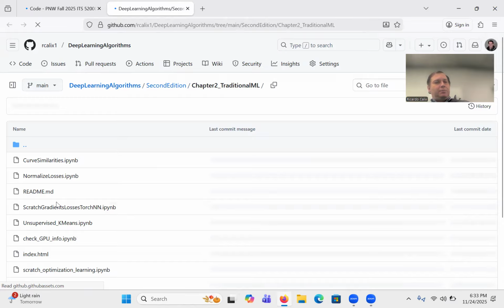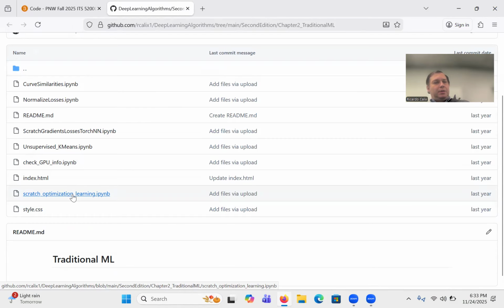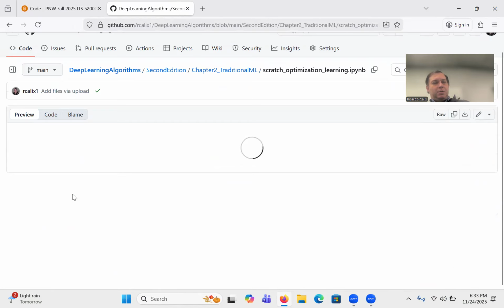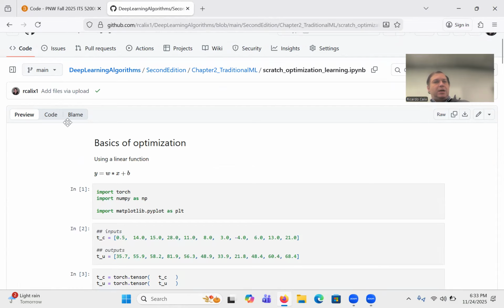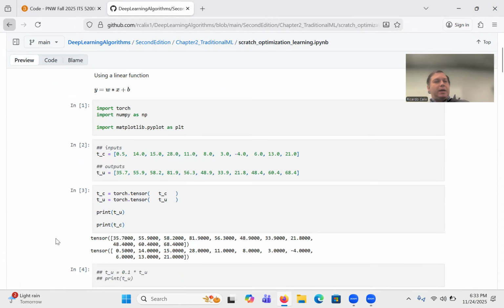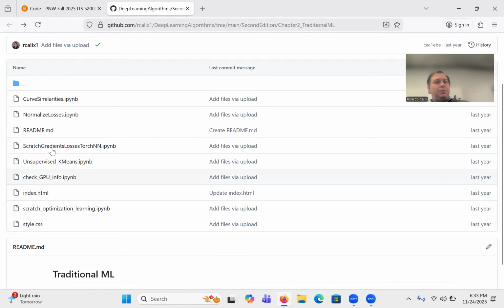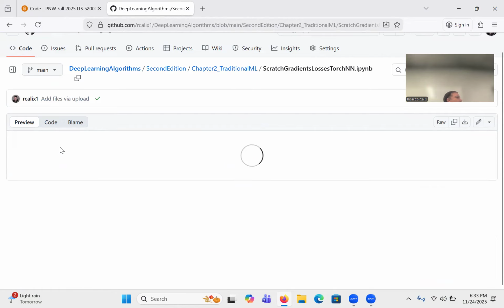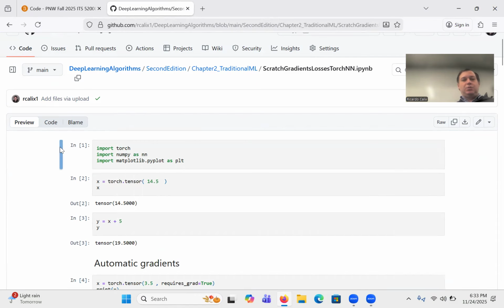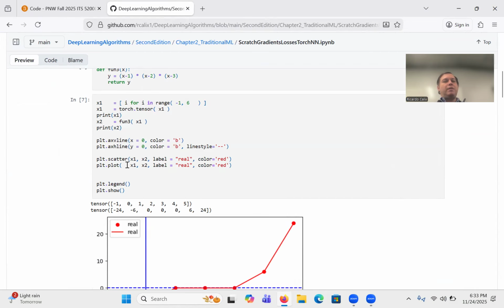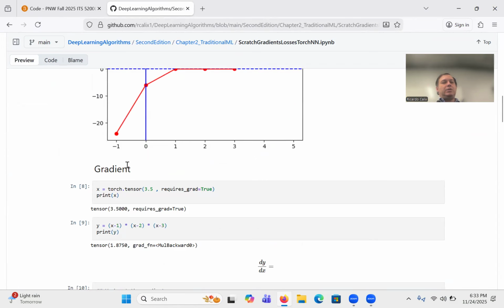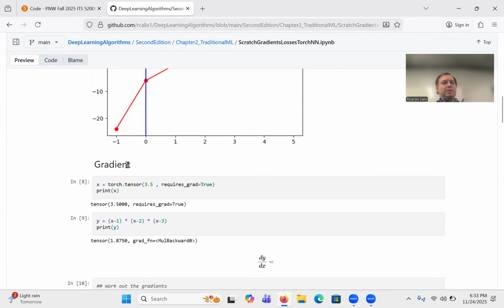We've completed this one, the Celsius and Fahrenheit. Now we're going to dig deeper into scratch gradient losses. This is diving a little deeper into the autograd mechanism, how important it is, and how it relates to derivatives and so on.